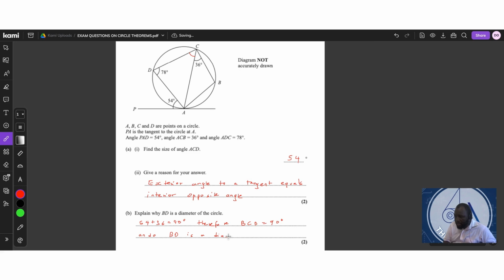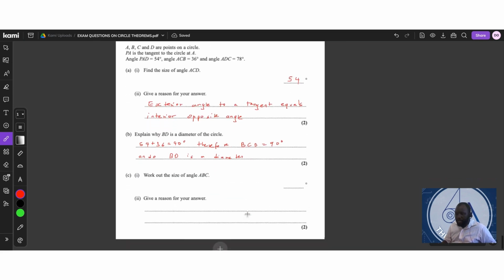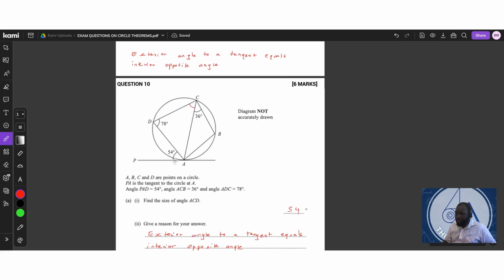Because they subtend an angle that is 90 degrees, and we know the diameter will always subtend an angle that is 90 degrees. Then we have, of course, to work out the size of angle ABC.